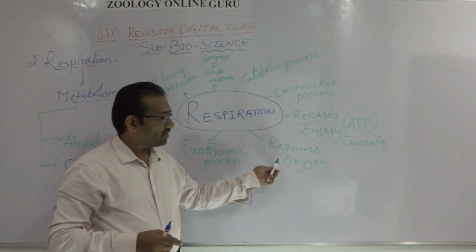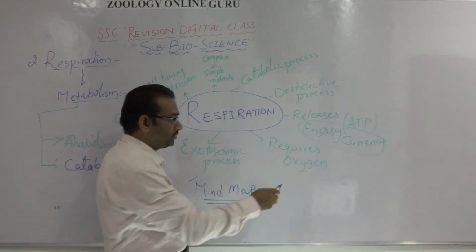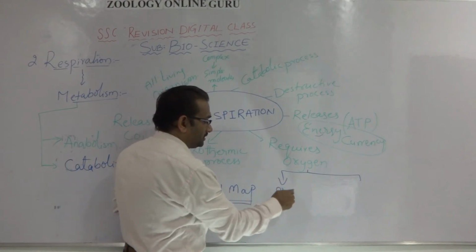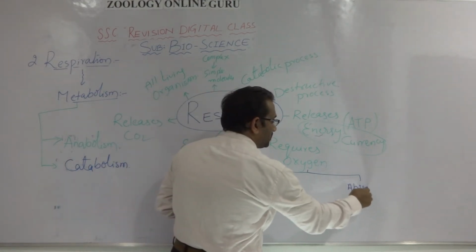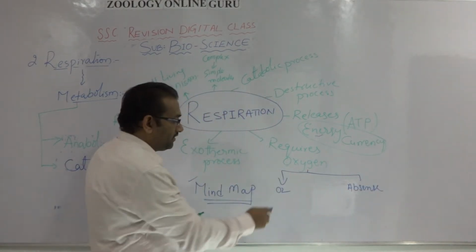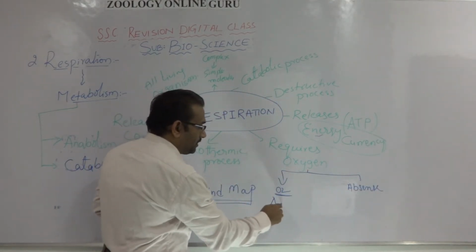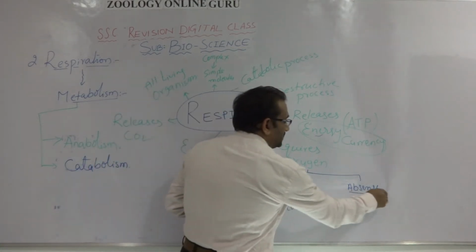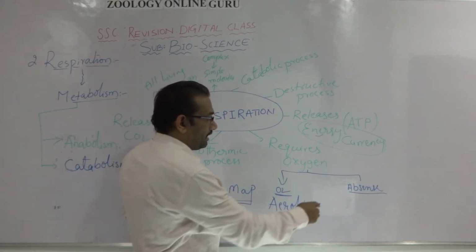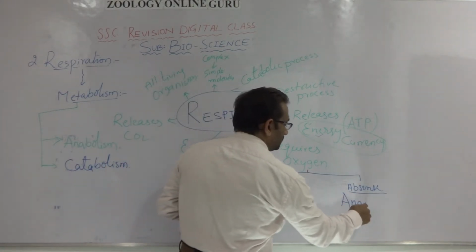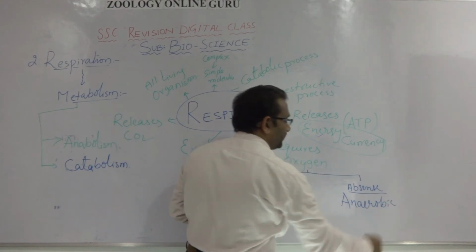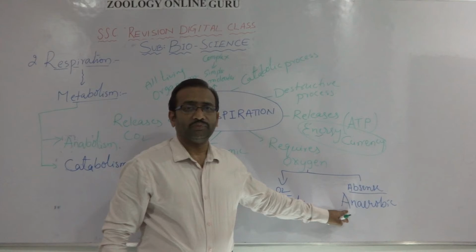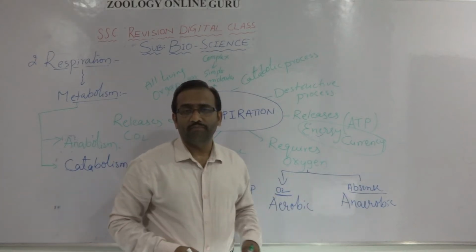Based on the requirement of oxygen, respiration is of two types. If it requires oxygen, it is called aerobic respiration. If it takes place in the absence of oxygen, it is called anaerobic respiration. The best example for anaerobic respiration is the Clostridium bacteria.